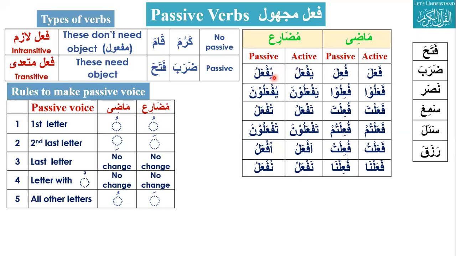Yuftahu is the passive voice. Yuftahu means he is opened, or he will be opened. So who opened it? We don't know. The doer is hidden, it is majhul.